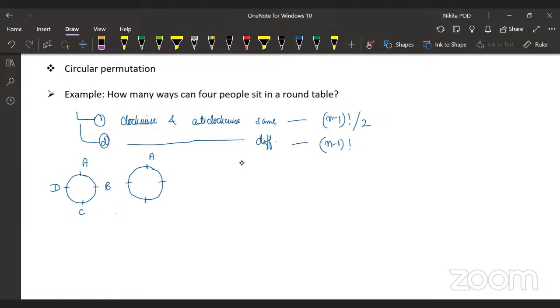Four factorial is 24. It's difficult to make that many figures. Let's take only 3.